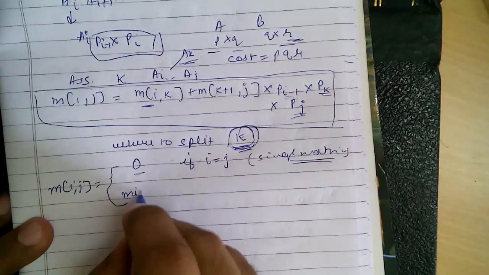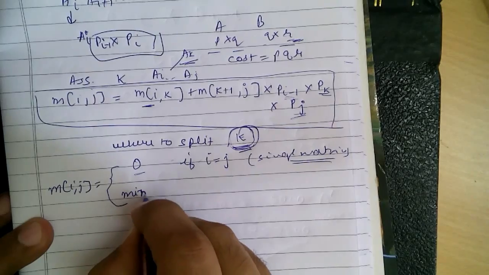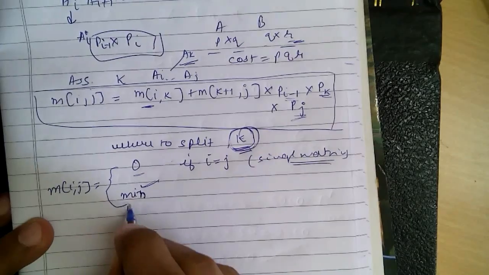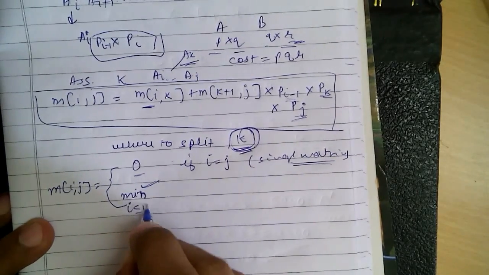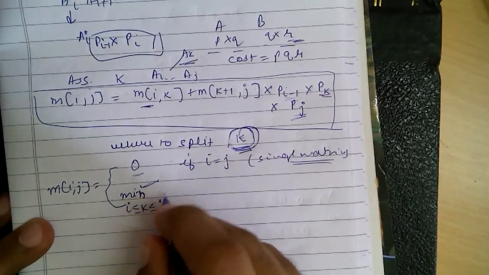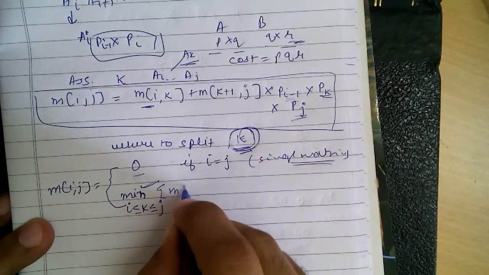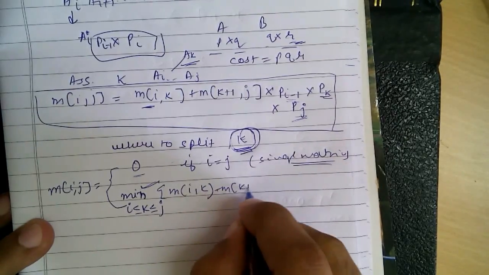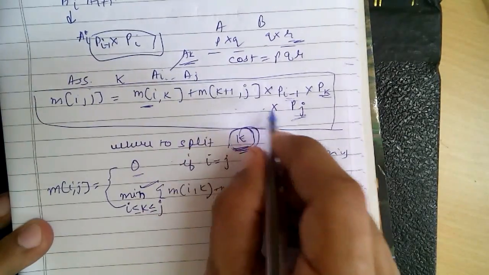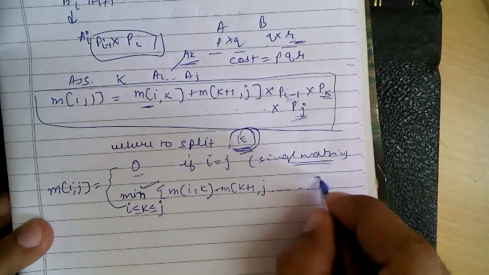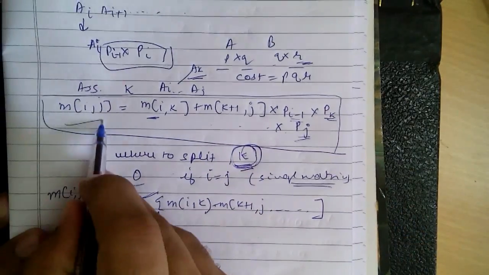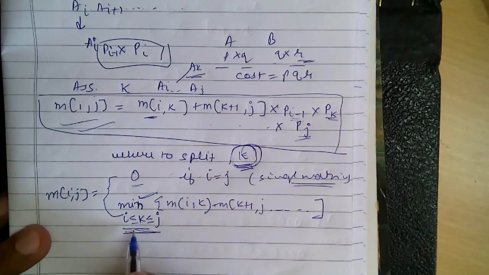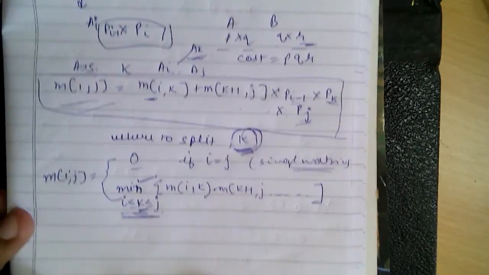Then we are going to take the minimum. Okay, focus on this minimum. This is the most necessary step we have taken. So m of ik plus m of k plus 1 j, this whole thing. So we are going to minimize this expression by checking all the values of k from i to j.